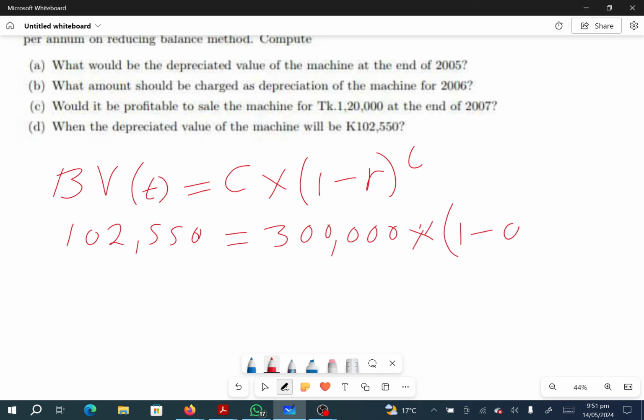The rate we have been given as 0.08. Then we are looking for t.